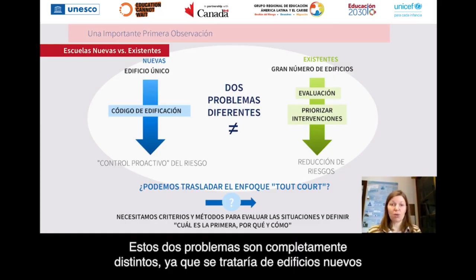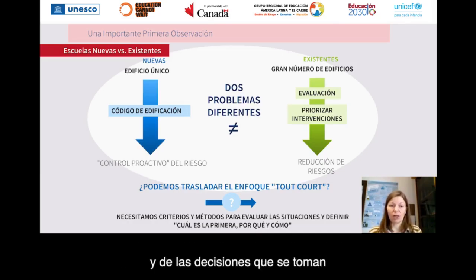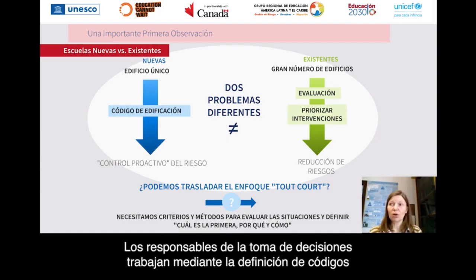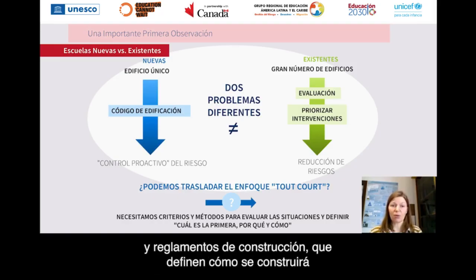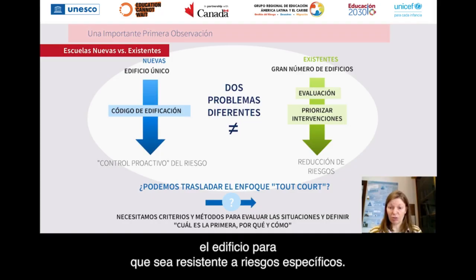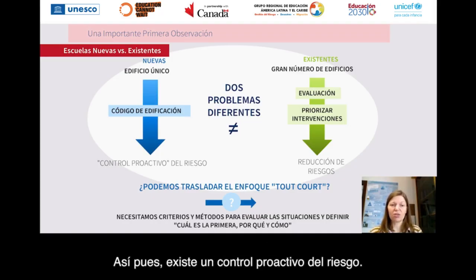These two problems are completely different, since when we consider new buildings, in order to control the risk, the decision makers work through the definition of building codes, regulations that define how the building will be constructed in order to resist specific risks. So there is a proactive control of the risk.